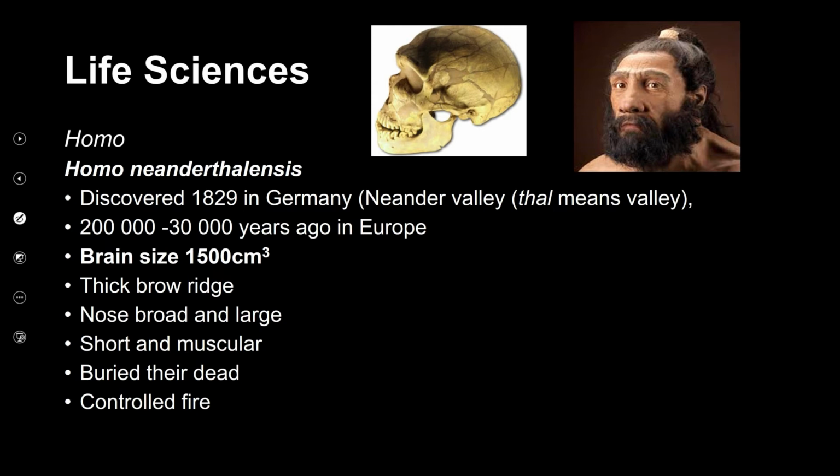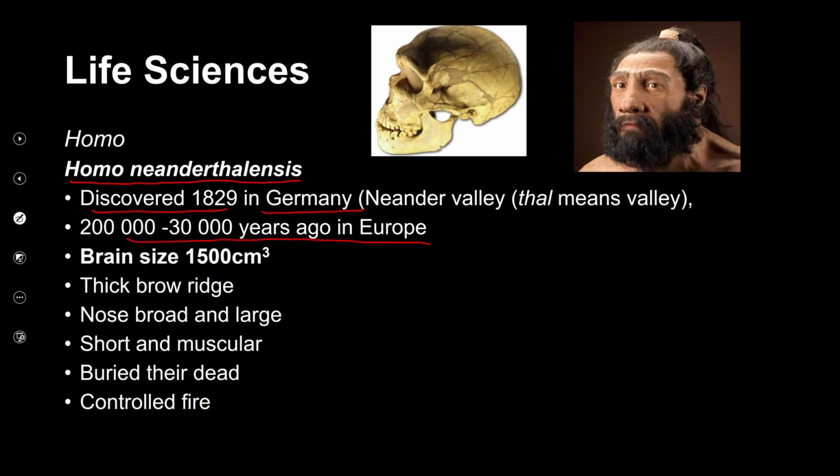Right, then the next group that we're going to look at is known as Homo neanderthalensis. They were discovered in 1829 in Germany, in the Neander Valley, and they lived about 200,000 to about 30,000 years ago in Europe.